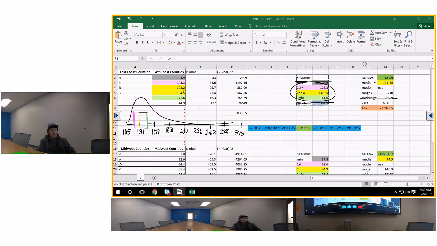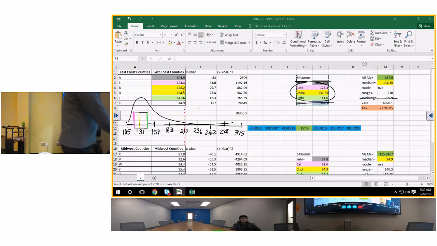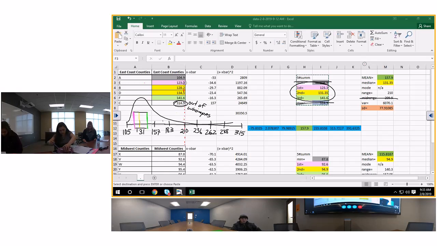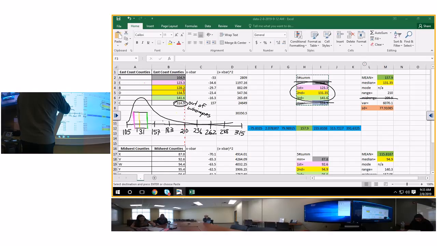Now, why is that? Because of this 314. See, this 314 is an outlier, and it makes the other ones look small, right? The higher this number is, the lower these numbers look. So that's why you got this box way over here.